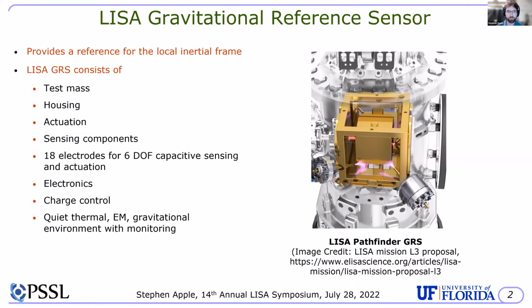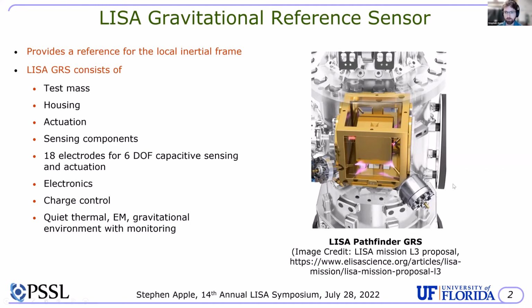LISA gravitational reference sensor, or GRS, provides a reference for the local inertial frame. You can see a picture of the Pathfinder GRS on the right here, and it consists of its free-floating test mass, its housing, and its actuation and sensing components, along with its associated electronics.